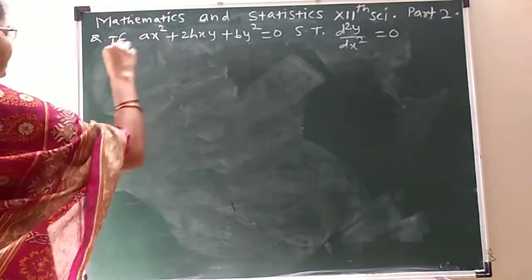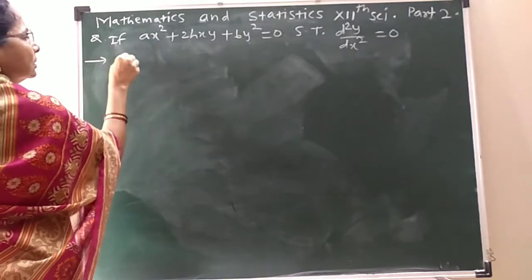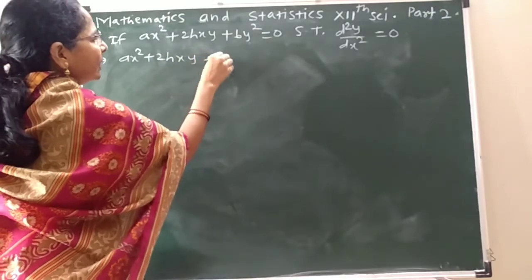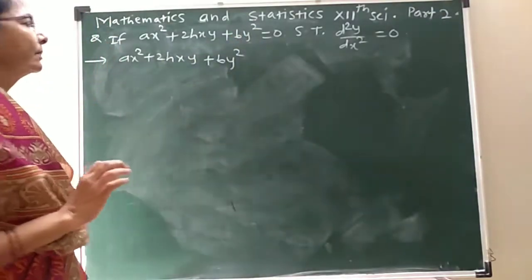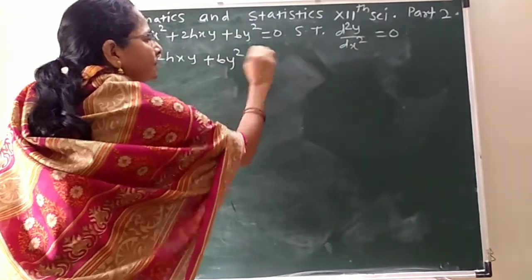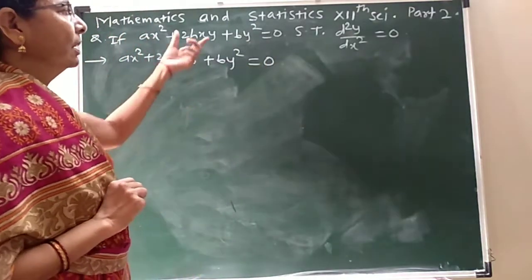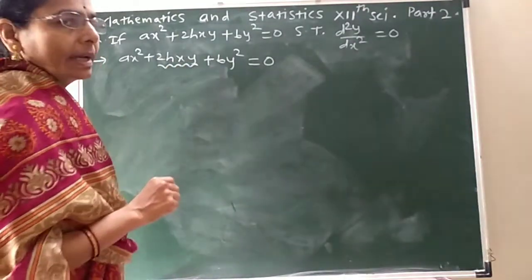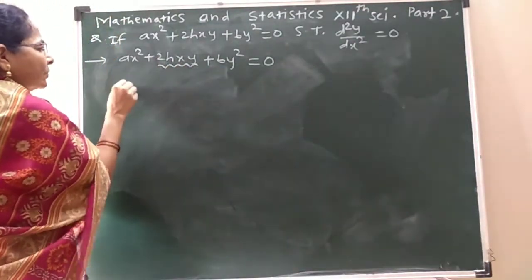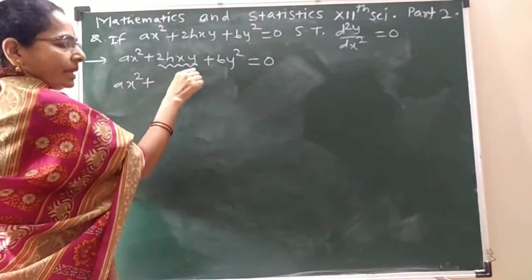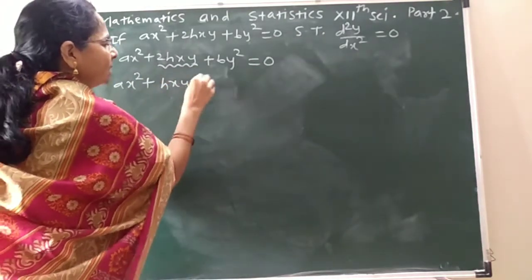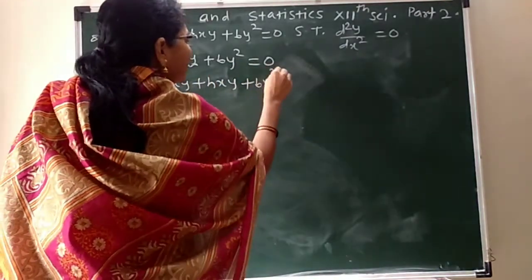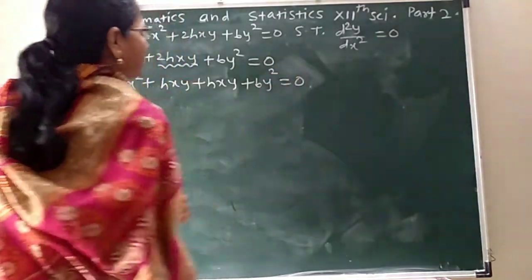See how to solve. First take ax square plus 2hxy plus by square is equal to 0. First take this statement. Split the 2hxy as hxy plus hxy, plus by square is equal to 0.